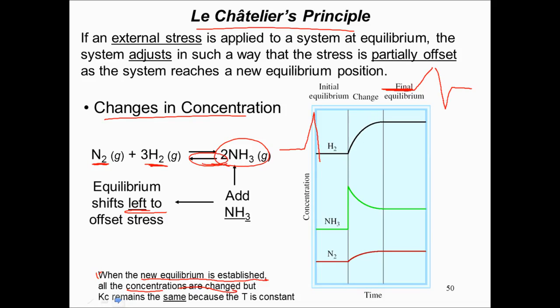Let's take a peek at this graph over here on the right. And what happens then is, again, you took ammonia's concentration and you increased it. This was the stress applied. But now the system will try to offset that stress by decreasing the amount of ammonia. But look what happened in the meantime to the concentration of the hydrogen, one of the reactants, and the nitrogen. They both increased.